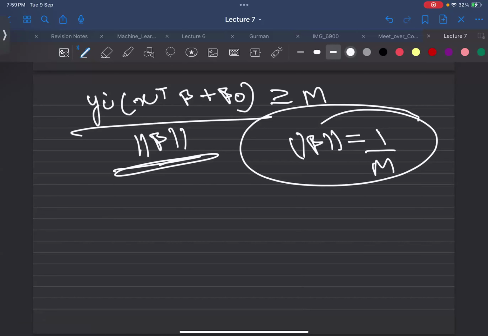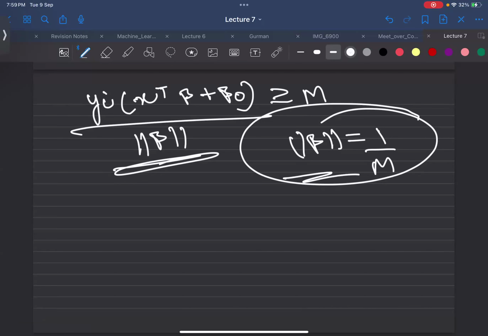Is it because we want to maximize the left part, and it would be better to minimize the right part? That will come afterwards, the maximize and minimize. What she's asking is why we are doing normalization and why beta is equal to 1 by m. Maybe I'll give the intuition again: if you increase this, this will also increase.